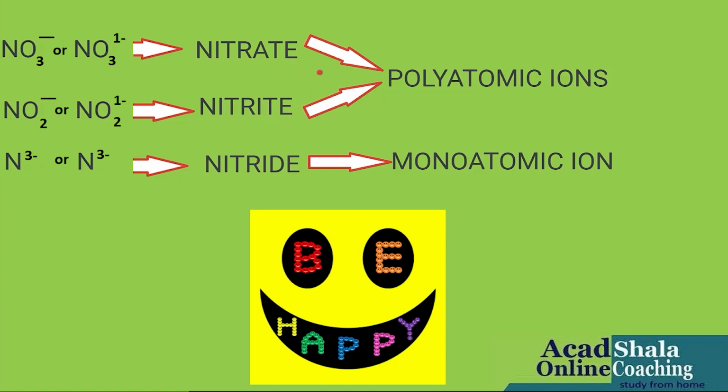Learn either way. And these are known as polyatomic ions, so it becomes NO3 minus, NO2 minus. And the last one, IDE, is a monatomic ion, N3 minus, but it does not have oxygen. It lacks oxygen. So this way you can learn it.